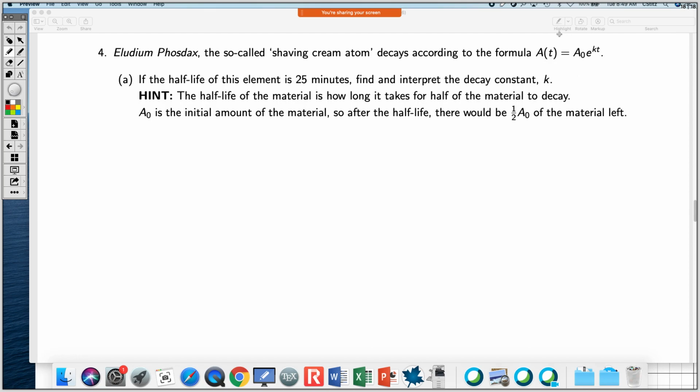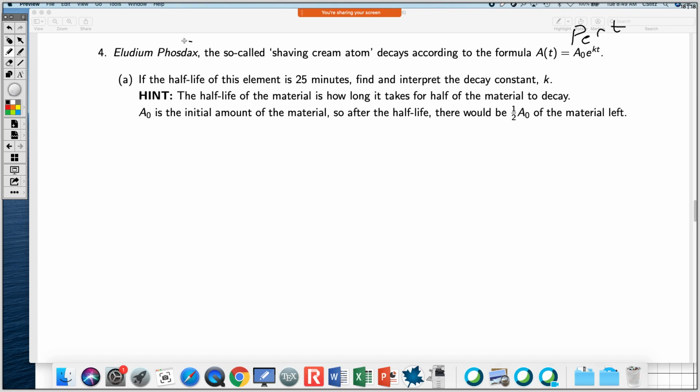So once again, this is a version of PERT. The A naught here is like the P. P was the initial investment. A naught here is the initial amount of radioactive material. r was the growth rate. Here k would be the decay rate. So we assume that the k should work out to be a negative number.